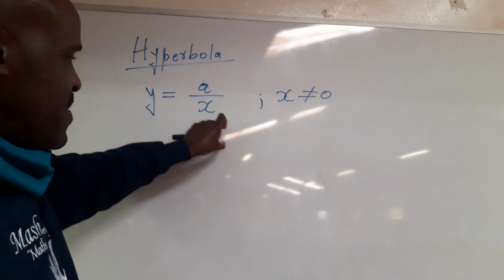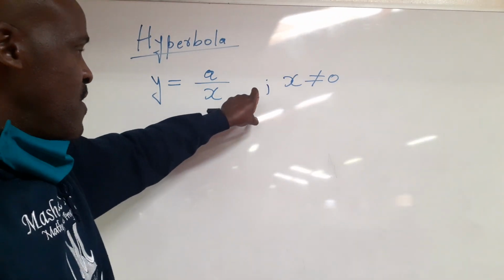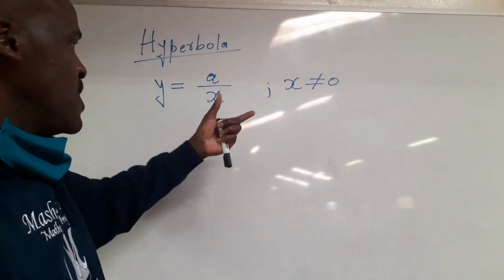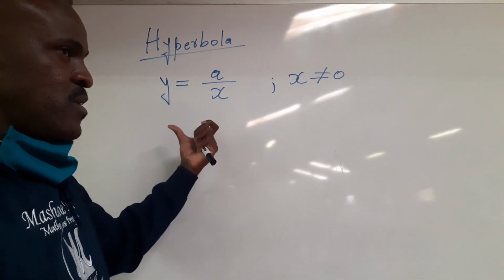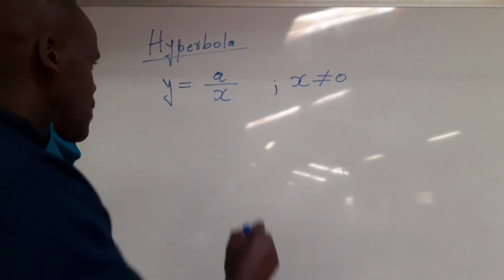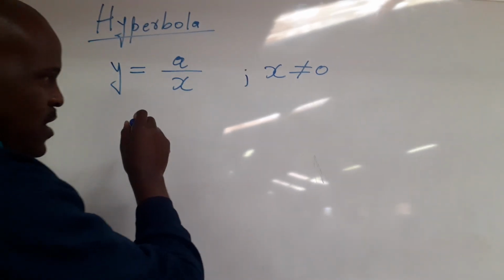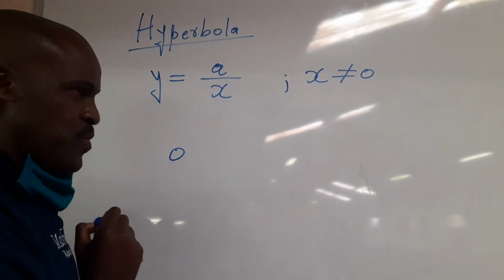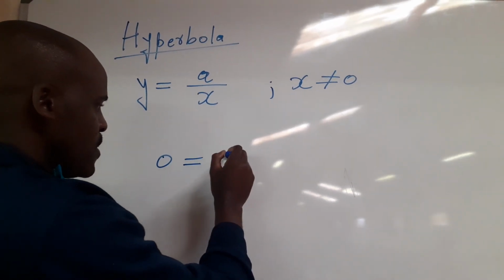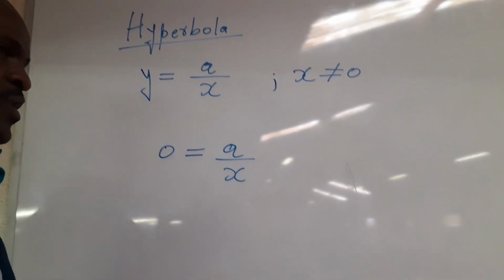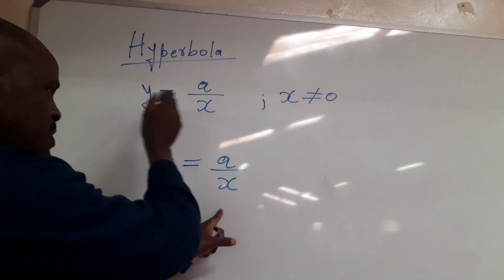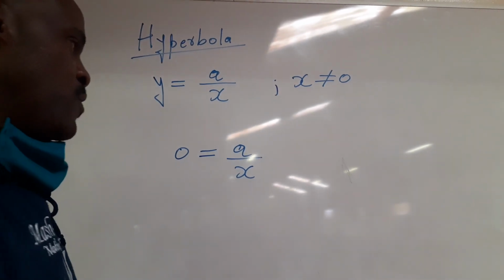Right, the most important thing about this function is that it has asymptotes. For instance, let's make y to be 0. We want to solve for x, so let's solve for x.